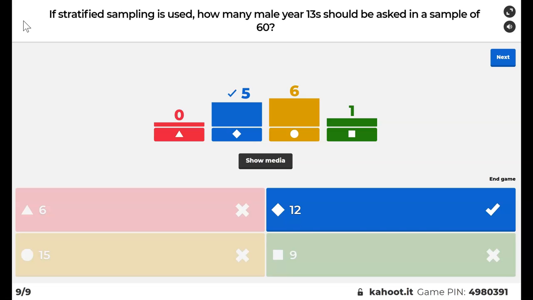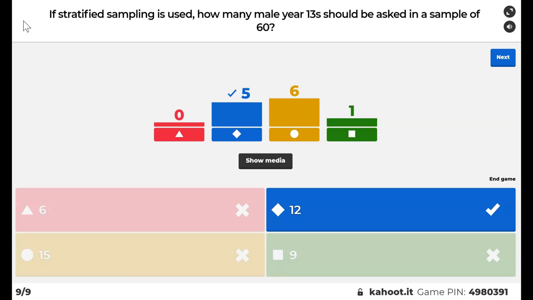So with this, we need to think about how many. You've got 80 of the year 13s who are male, so you have 80 out of 400 overall.